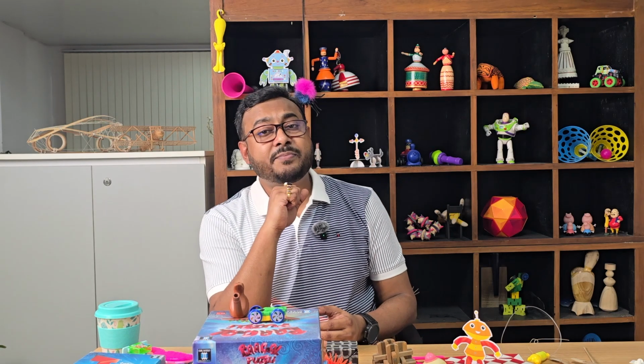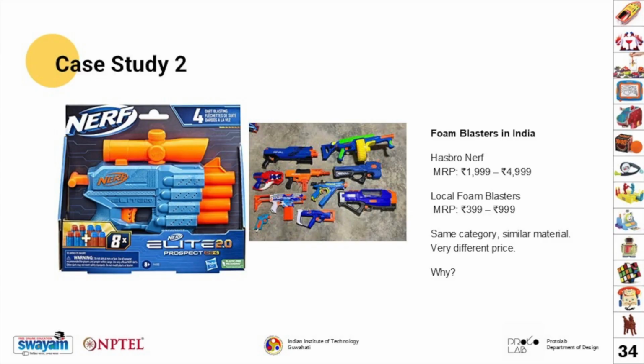Now let us examine a category where the material composition is broadly similar, yet pricing differs dramatically. Foam dart blasters. Hasbro's Nerf entered the Indian market as a global brand leader.